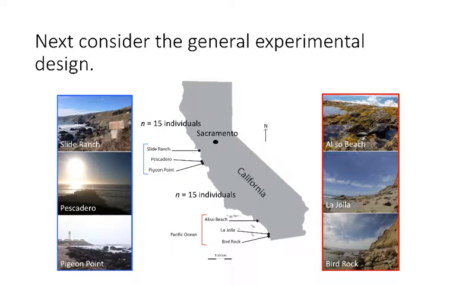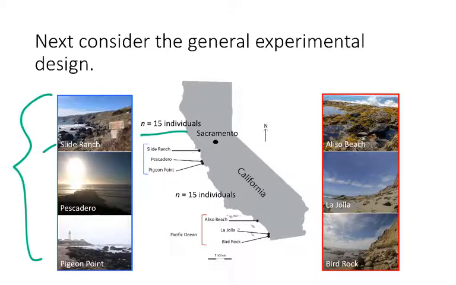Next, what I'd recommend is considering the general experimental design. So again, I showed this picture in the last video. When we're thinking about our general experimental design, what we want to think about is, are we looking at a single population or are we looking at multiple populations? And in either case, make sure you're thinking about which populations you're studying and what your sample size should be for each population.